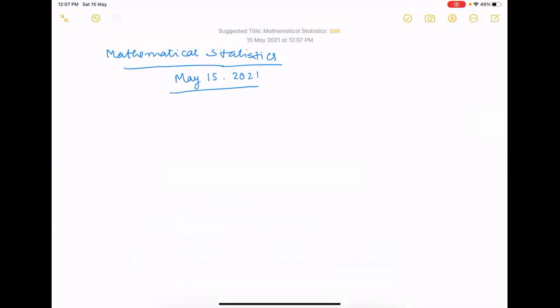So, last time we spoke about method of moments and likelihood estimation, and today I'll talk about Bayesian estimation, and I'll discuss briefly the relationship between likelihood estimation and Bayesian estimation.